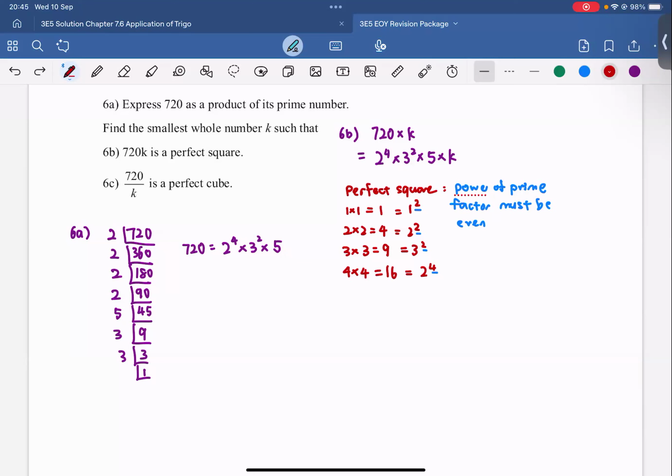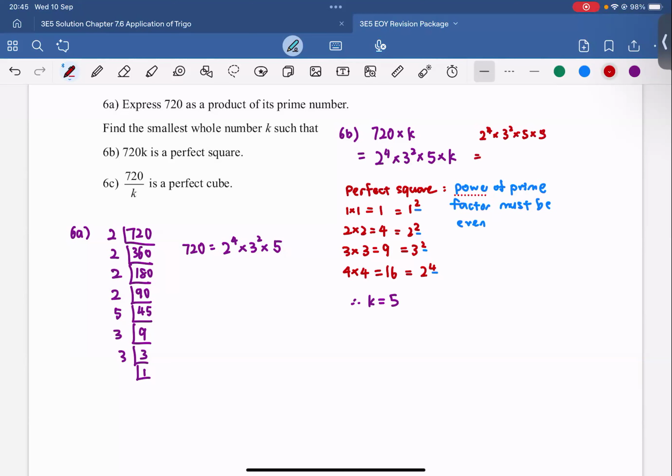So what should k be? You can say that this one settled already, this one settled already. The only thing that's not settled is the 5. So what should I multiply so that my 5 will become an even power? So the answer is k must be equals to 5. You see, when k is equals to 5, you will have 2 to the power of 4 times 3 squared times 5 times 5.